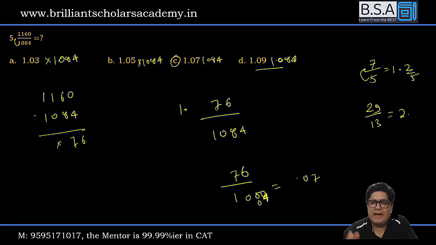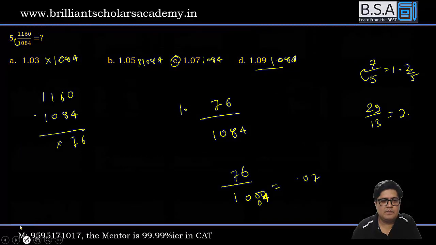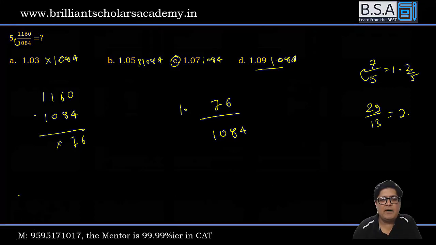I was approximating. I'm saying if it was 70 upon 1000, it is 0.07. It is 76 upon 1084. If you want to approximate, can I approximate in this manner? A bit risky, but can I say this looks like 80 upon 1100?